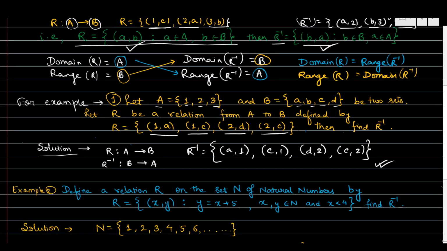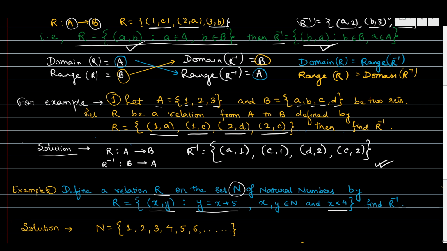Next, define a relation R on the set N of natural numbers by R contains all those ordered pairs x, y such that y equals x plus 5 and x is less than 4.